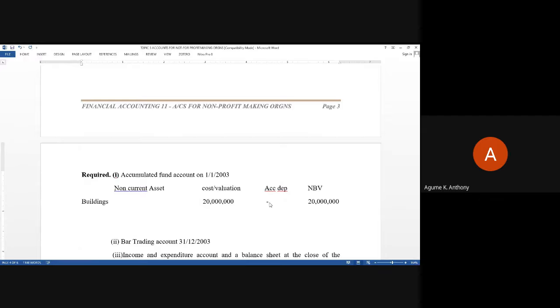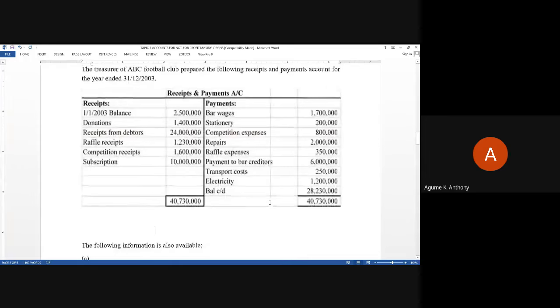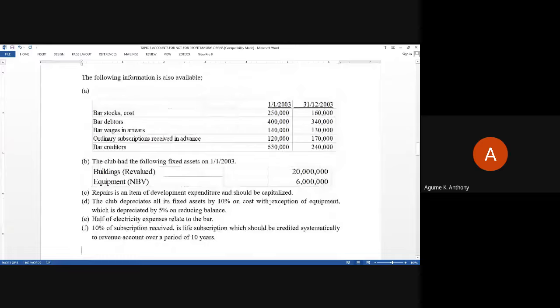Then another asset, I have equipment. So this equipment is going to be recognized at its cost of 6M. Is it the cost or is it net book value? I check building, equipment, net book value. Okay.